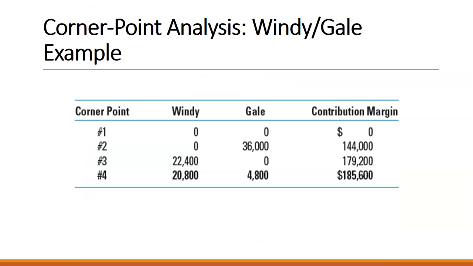So these are our options looking at the two products. We can either make 0 of each with a contribution margin of 0. We can do 36,000 Gale with a contribution margin of 144,000. Or we can make only Windy and no Gale with a contribution margin of 179,200. Or we can make some Windy and some Gale with the highest contribution margin.